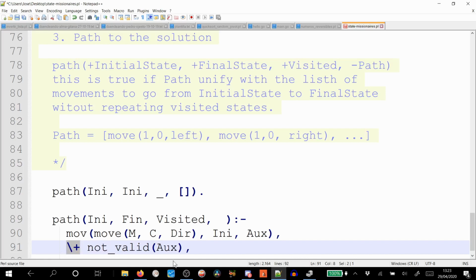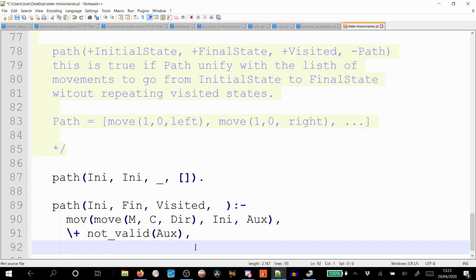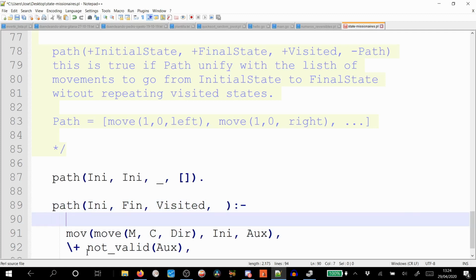The negation of valid. It's a little bit recursive, but that works. Okay, it's not valid, it's true. That means this state is valid. And now, sorry, I need one more thing, because to limit the number of movements, let's move missionaries and cannibals in this direction.